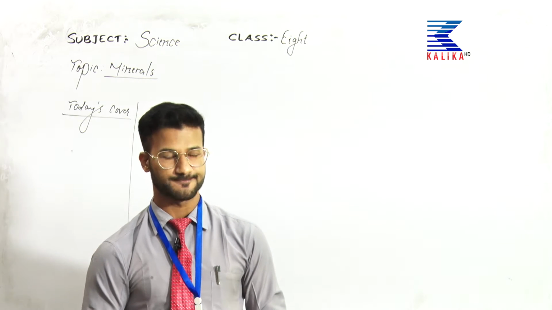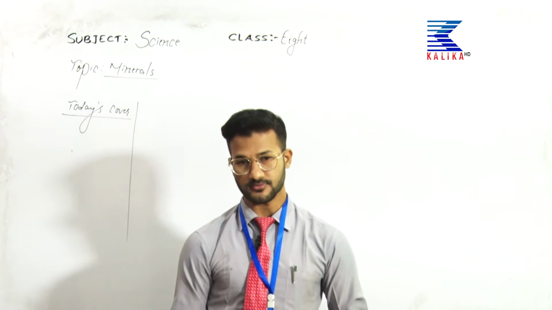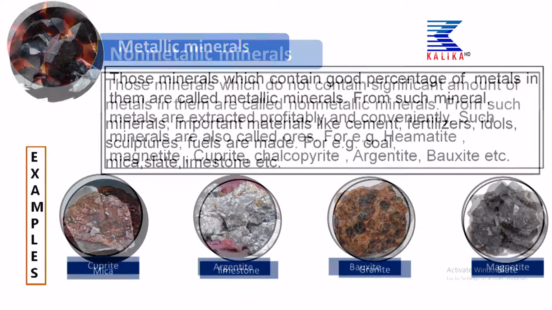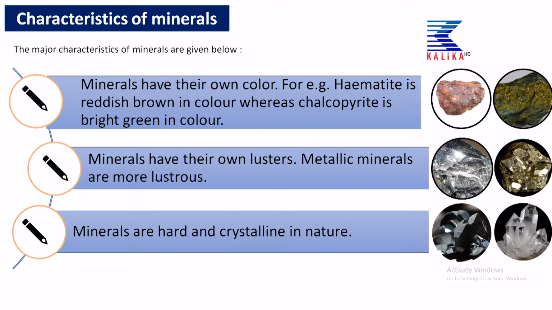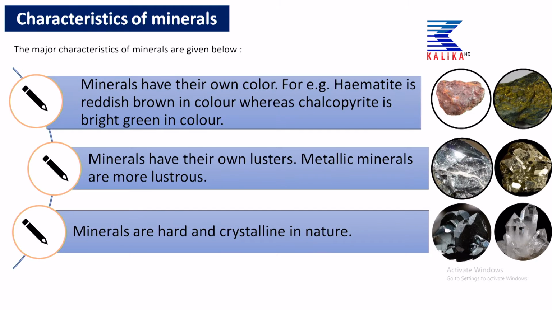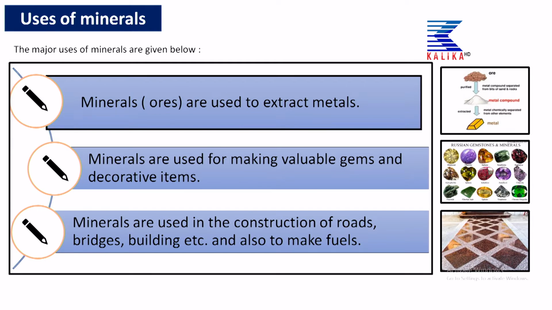So let's begin. I want you to look up at the screen once. These are what we studied yesterday: examples of non-metallic and metallic minerals, and characteristics of minerals along with their respective examples. Today, uses. The first use written is that minerals, especially ores, are used to extract metals.